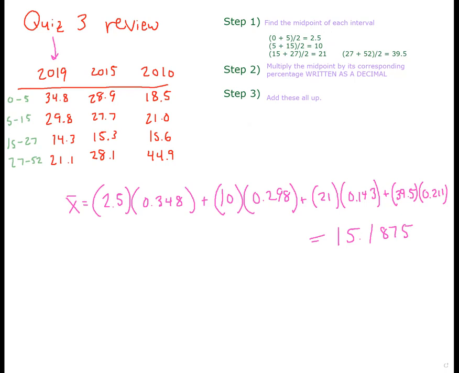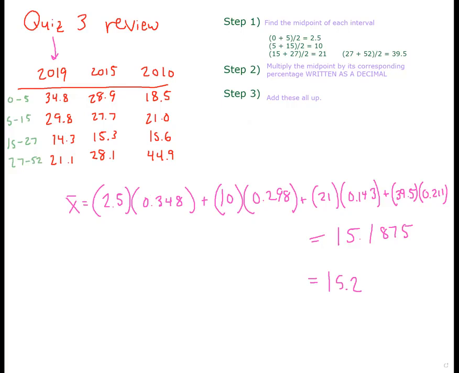That should at least be somewhat close to the value they gave in the table. They gave the mean as 21.6, close enough. The reason it's not closer is because the upper bound has been capped, and there are people who are unemployed for longer than 52 weeks, but we'll talk more about that in a second. So rounded to one decimal, you want 15.2.